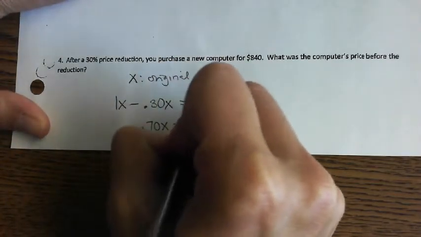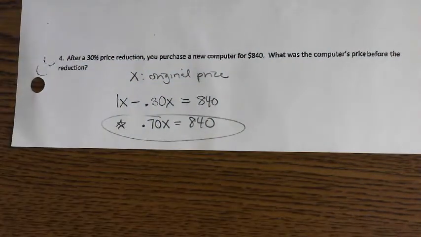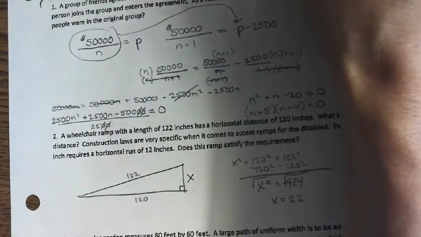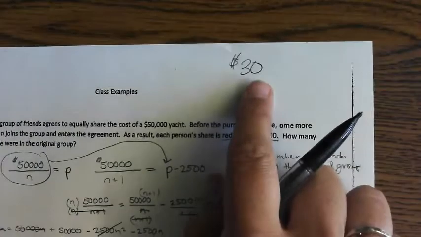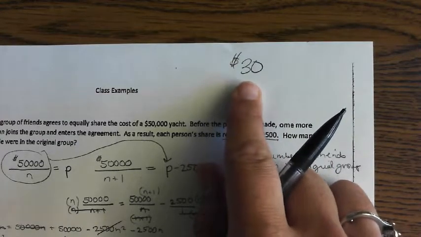And actually, this is kind of where my mind starts. I think in my head, okay, if I got a 30% reduction, then I'm only paying 70% of the original, right? If you get 30% off, you're actually paying 70% of the price. So if I walk into a store and something costs $30 and it says 40% off, I don't calculate 40% of that and then do a subtraction.